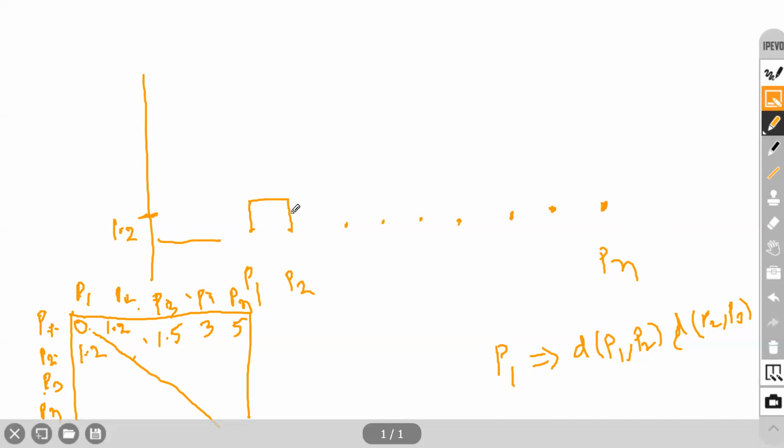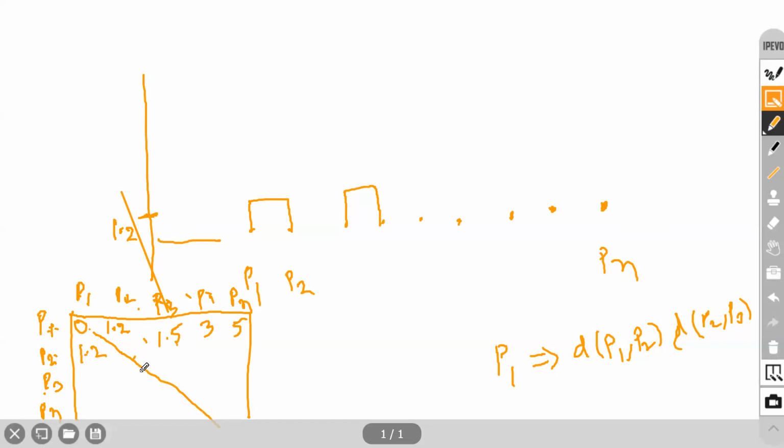Likewise we will check which other points are closer to that. Suppose in the second iteration, this is closer to that, and it has merged at 1.5. No, because P1 is already taken, so this won't be there.